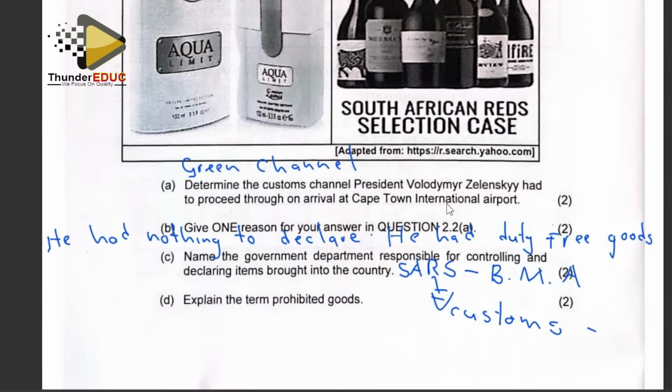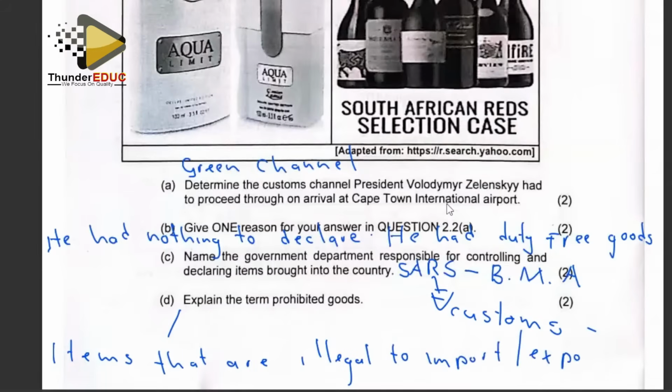Then explain the term prohibited goods. When you're talking about prohibited goods, these are items that are illegal to import or to export.